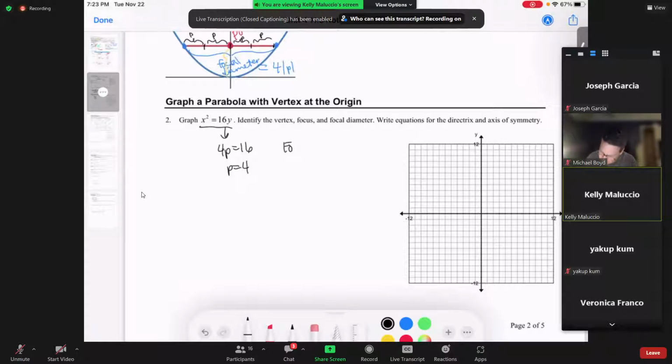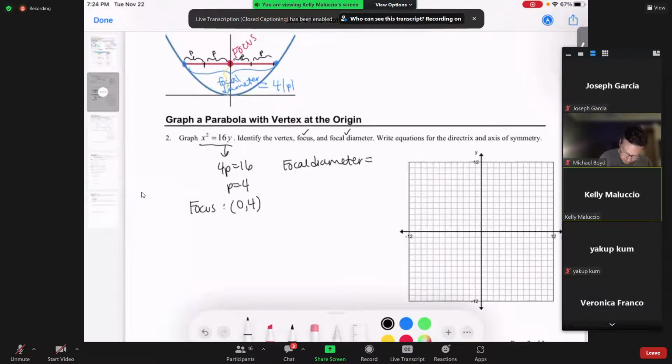And then p will get us to the focus point, right? So the focus is (0, 4). And the focal diameter, I can get that as well, because that is, from what you see above, 4 times the absolute value of p. I mean, that is 16. Okay. So that means it's 8 in each direction from the focus.